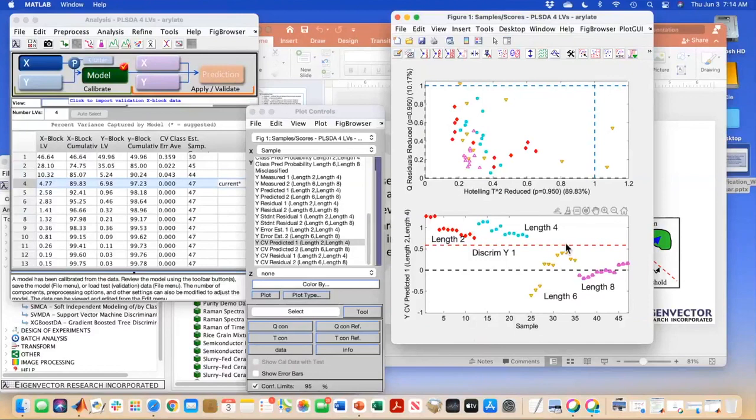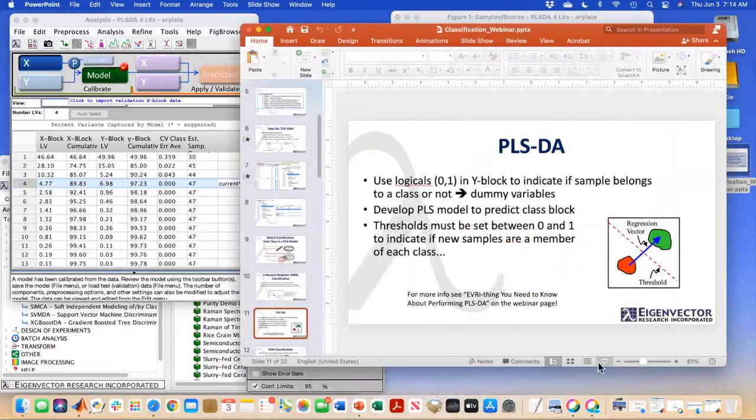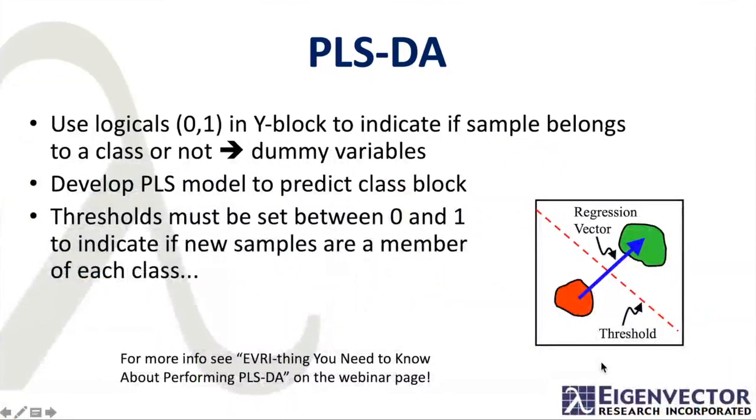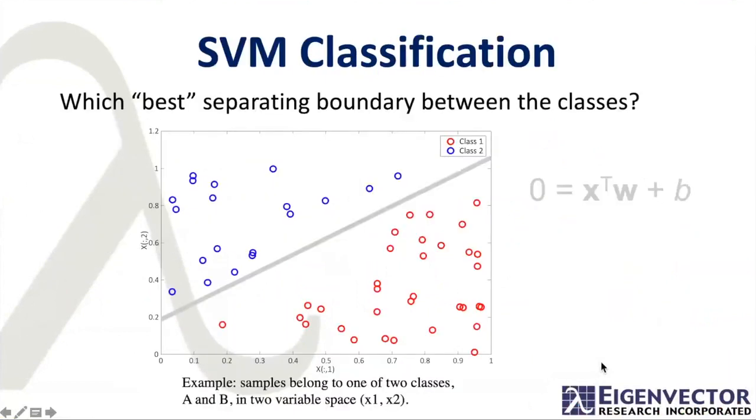Now in SVM, we do something a little bit differently. Somewhat similar in that I'm trying to find a boundary between classes. I'm trying to find a best boundary between classes. But the question is how do I find this boundary?